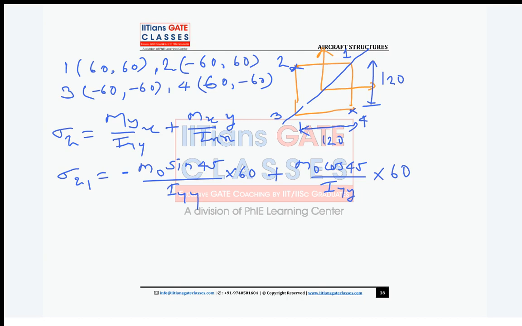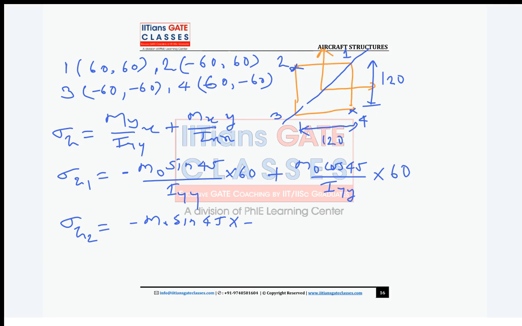We found neutral axis at the blue line, right? Mathematically also you can see, right? So whatever we have found, neutral axis is correct, right? We can check here. Now guys, point 2, right? Sigma 2, what will it be? It will be minus M naught sine 45 into, what is the value?